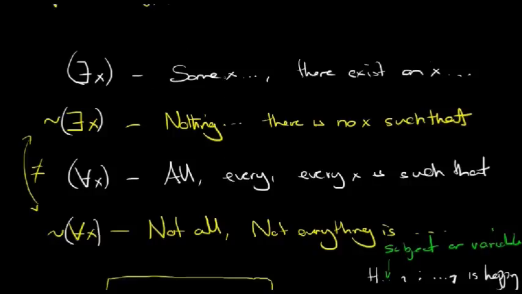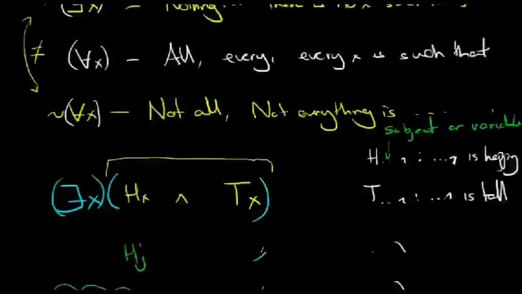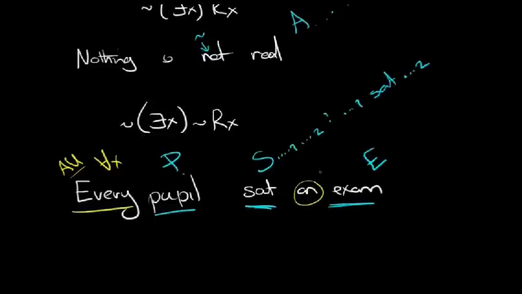Whenever we see "some x" or "there exists an x," what we've really got with "an" is like dropping the "there exists." So if we see "a something" or "an," we're going to be using the existential quantifier. So the fact that we see "sat an exam," we're going to need an existential quantifier here, and it's a different thing. The pupils and the exam are different, so it'll be a different variable.